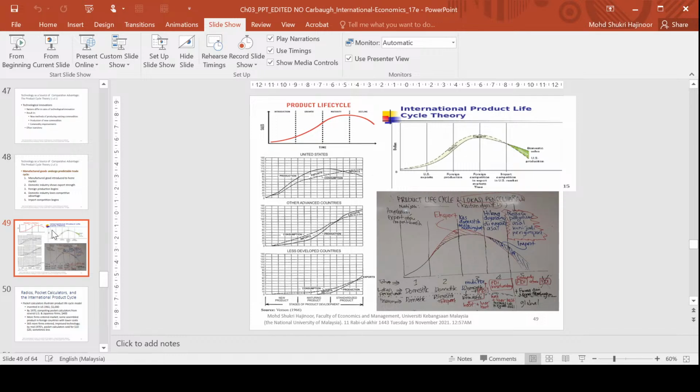Make it bigger. I want to make it bigger. I don't see the button here.